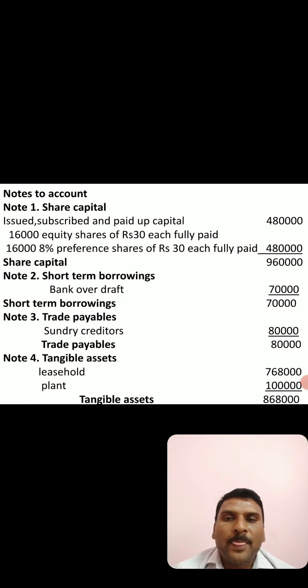Here in note 1, after reconstruction, 16,000 equity shares of rupees 30 each fully paid, because 20 rupees is sacrificed by the equity shareholders. So now equity share capital is 4,80,000, and 16,000 preference shares of rupees 30 each. Here also 20 rupees sacrificed by the preference shareholders and the capital is 4,80,000. So according to note 1, the share capital is 9,60,000.